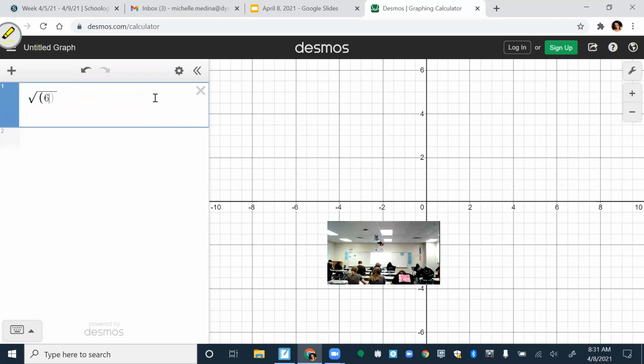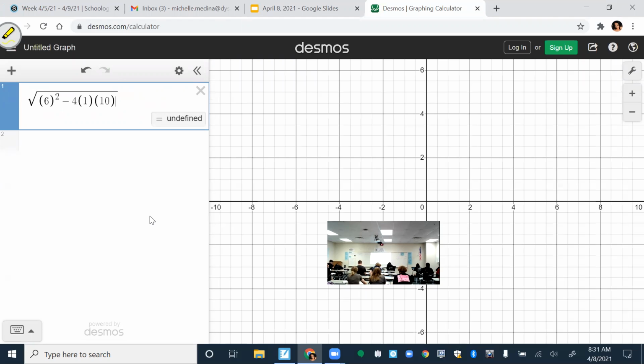And then after you get your answer, just double check what you put into Desmos, because if you're off by a sign or off by a parenthesis, it might not work.